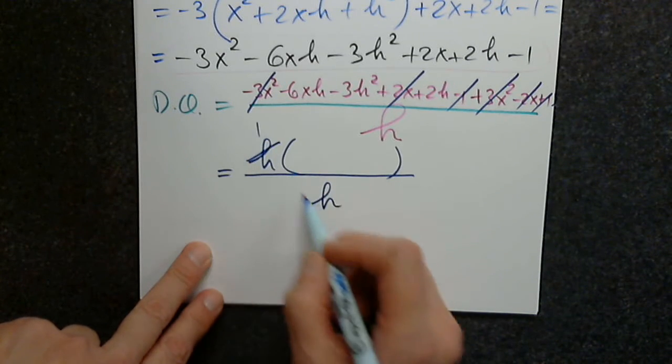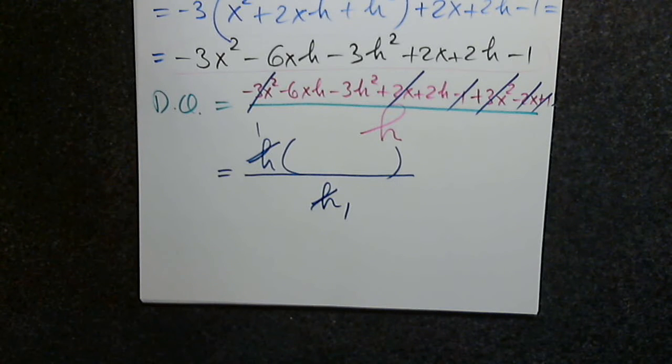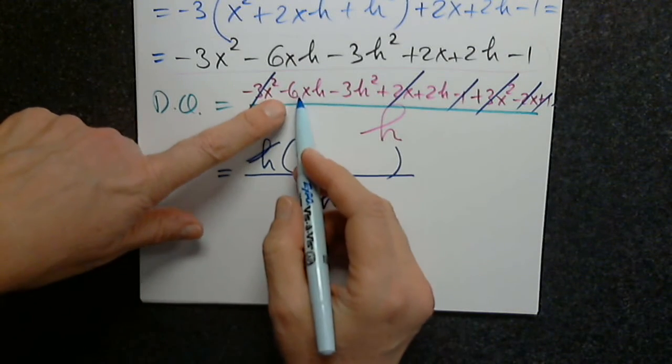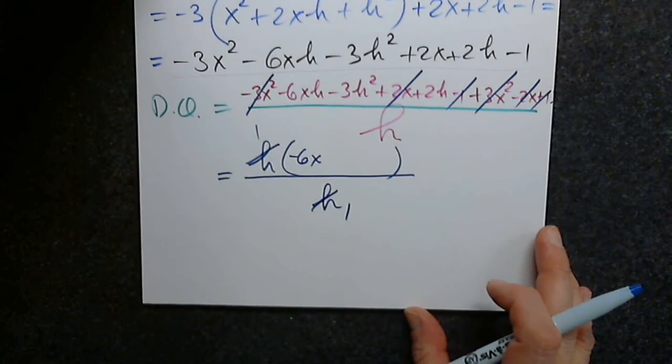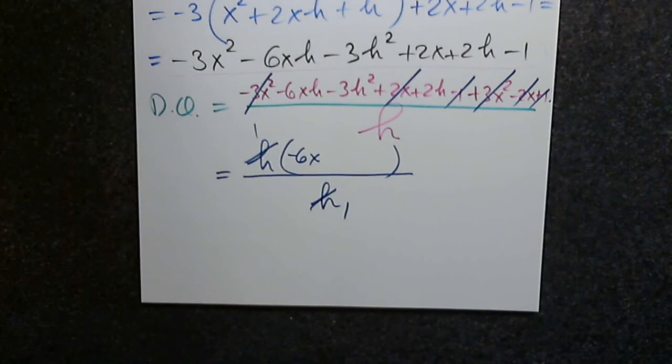And they all have to have something in common that I have to pull out. h indeed, because that's how the h in the denominator goes away, being simplified with an h from the top. Any questions? Okay, so then what is left in parentheses, please? Okay, one more time, careful.